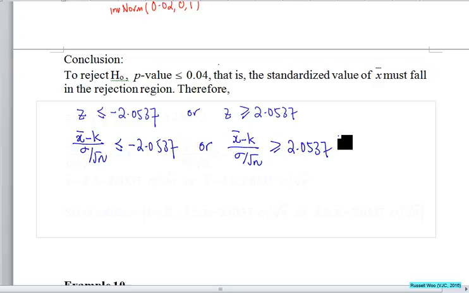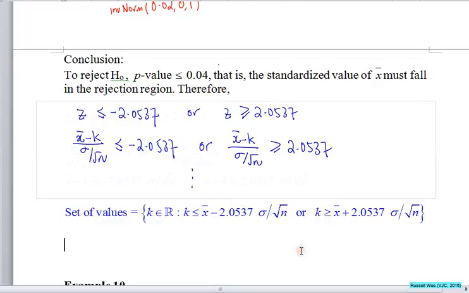Just make K the subject. Let me see, better put dot dot dot. What you will end up with is the set of values like that. Just make K the subject. I don't think it's very difficult.